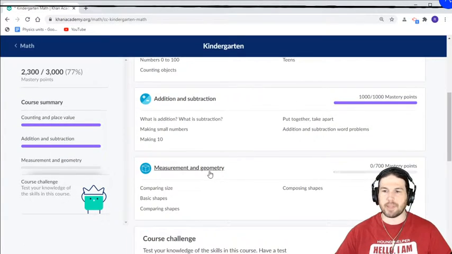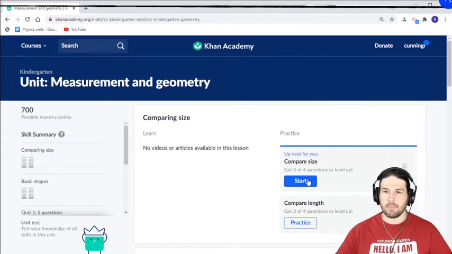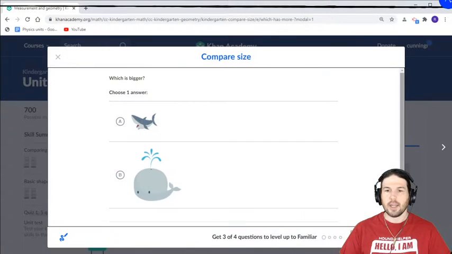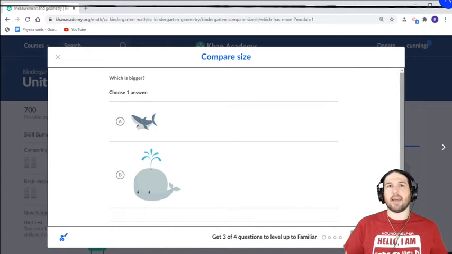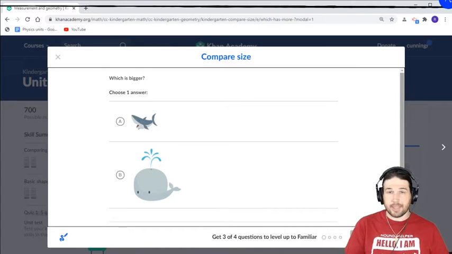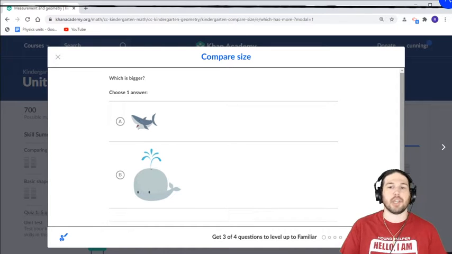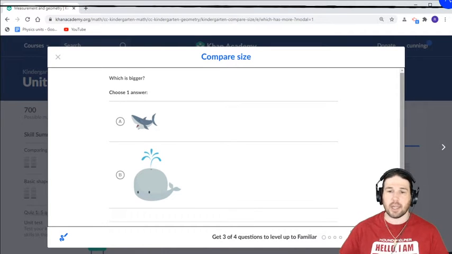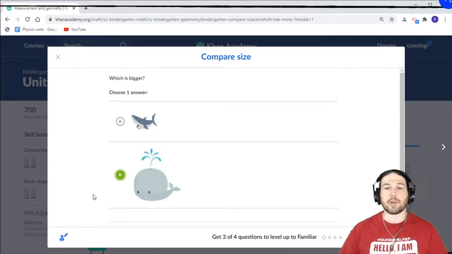Next is measurement and geometry. Compare size. Which one is bigger? So again, bigger is a word that we learn in kindergarten as a description, right? But it's also a mathematical term that means greater in dimension in some way. It looks to me like the whale is pretty clearly bigger.